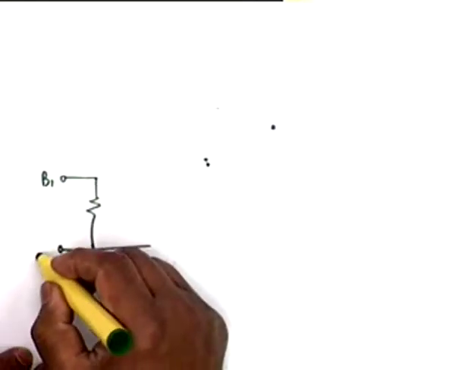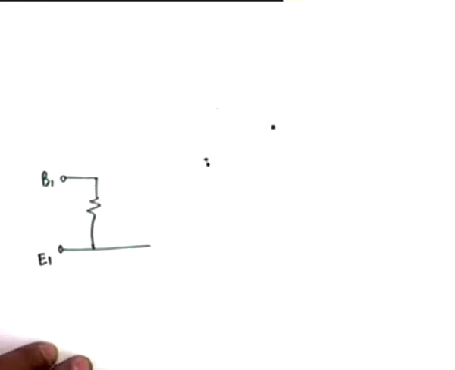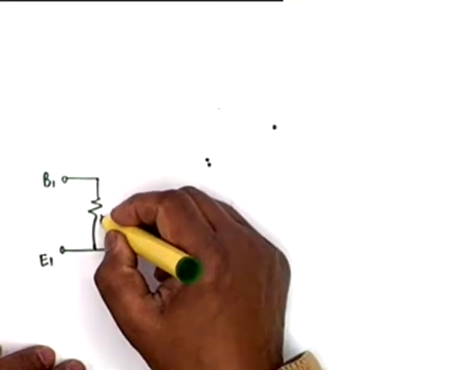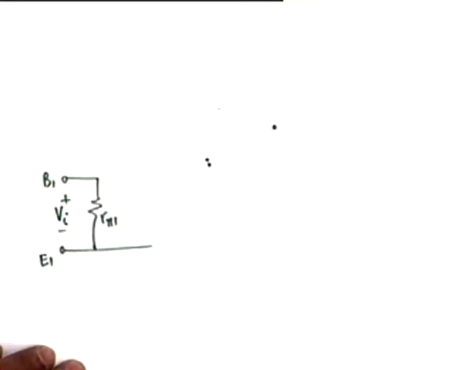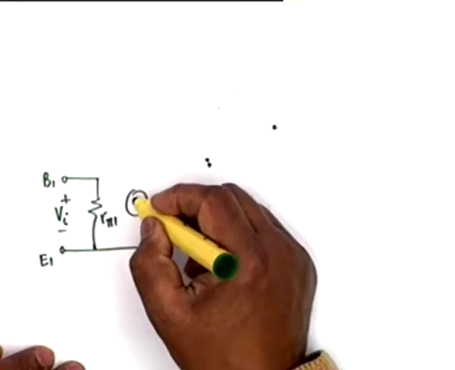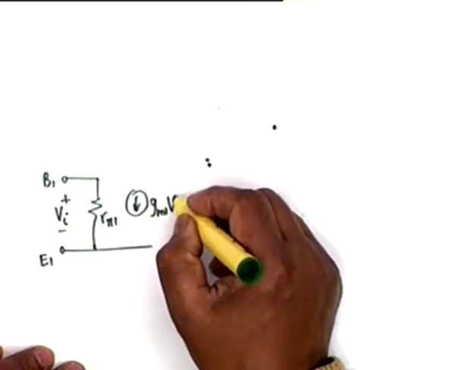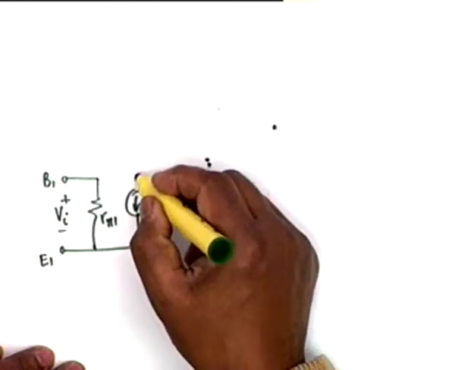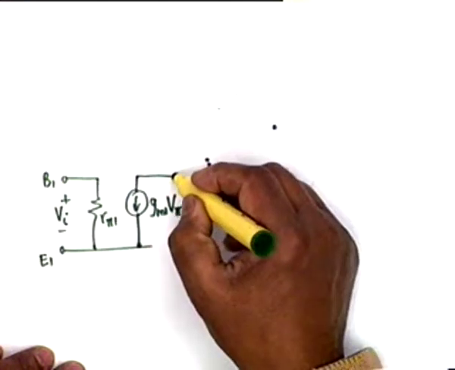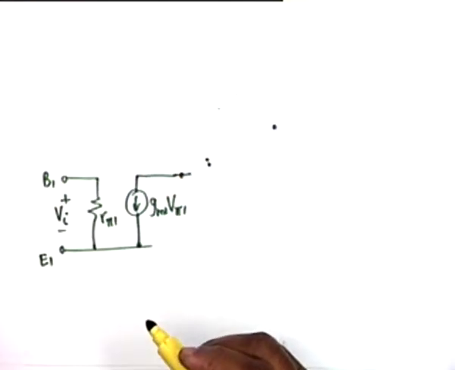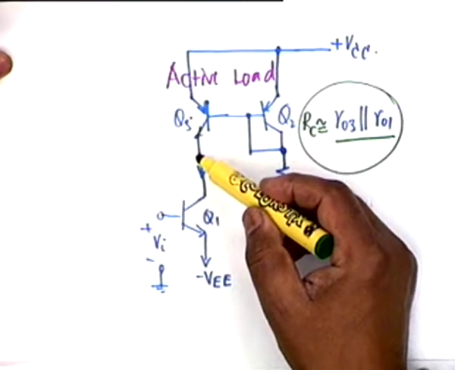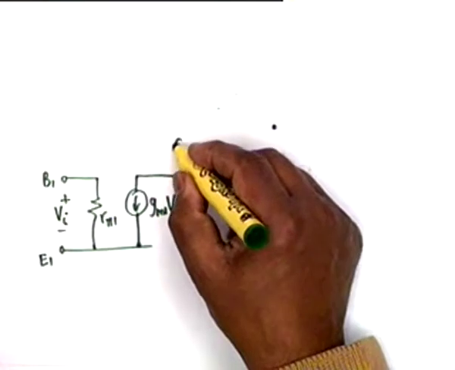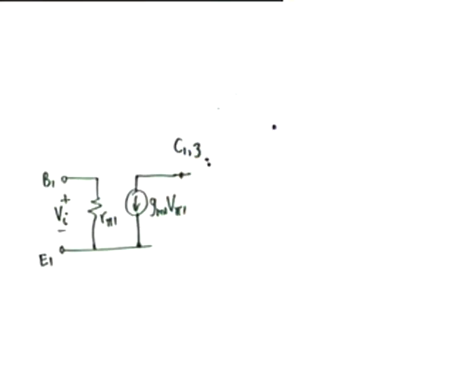From B1 to E1 you have the resistance R pi 1, and this voltage is VI, the AC voltage. Then you have GM1 V pi 1. This terminal is C1, collector 1, as well as collector 3. Agreed? So this is C1 and C3.